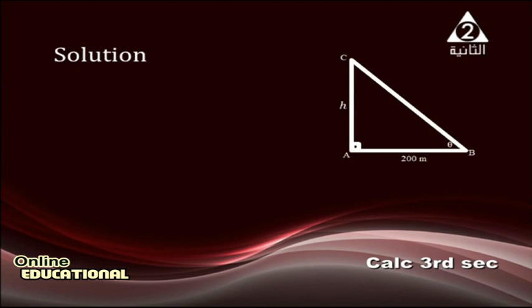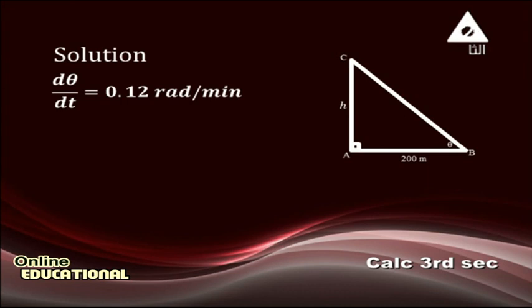Then the height of the balloon h is variable, and the measure of the angle θ, or the angle of elevation, changes with respect to time. Then dθ/dt equals 0.12 rad per minute at θ equals π/4.